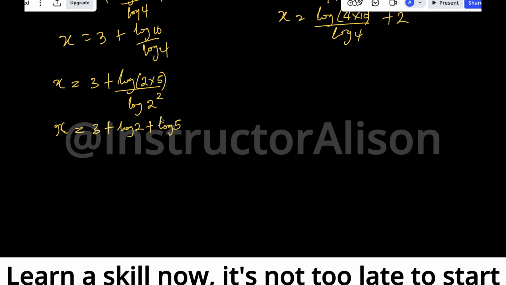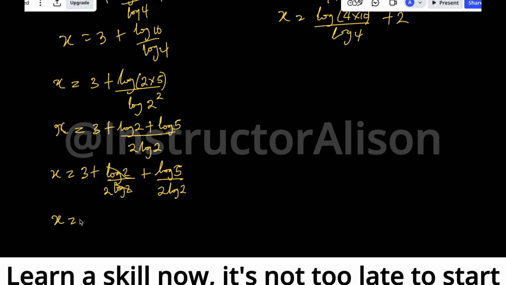You still remember the power law I stated a few minutes ago. The exponent comes over, so we have this as 2 log 2. So now x will be equal to 3 plus, taking this individually, log 2 divided by 2 log 2 plus log 5 divided by 2 log 2. In this case, log 2 and log 2 will cancel.